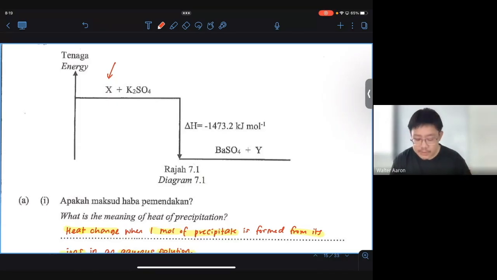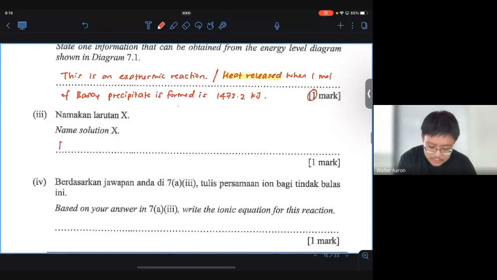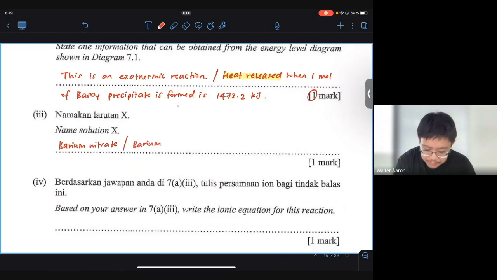Because all nitrates are soluble. So you can name here barium nitrate. Now, is there any other barium salt which is soluble? Yes, you can also write here barium chloride. Barium chloride is also soluble. Only barium sulfate is insoluble. So for X, you can either write barium nitrate, or you can also write barium chloride.